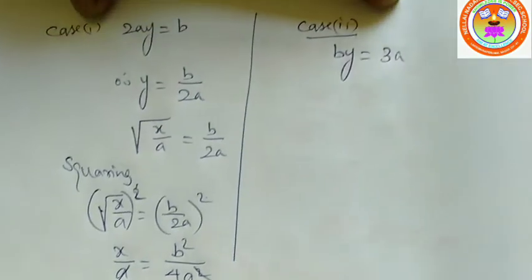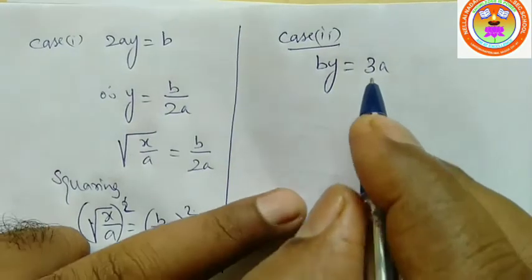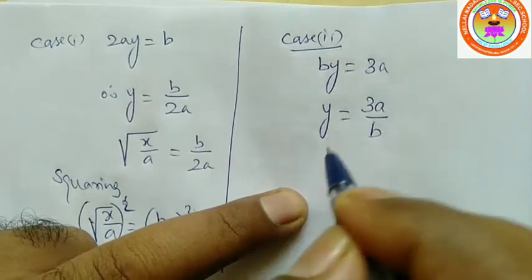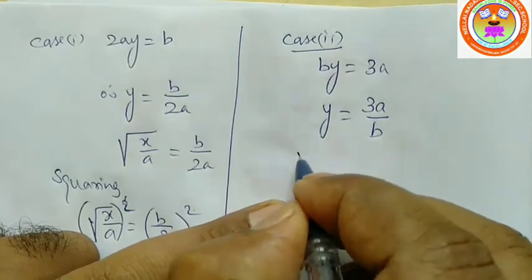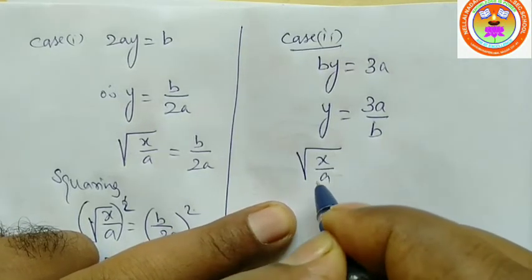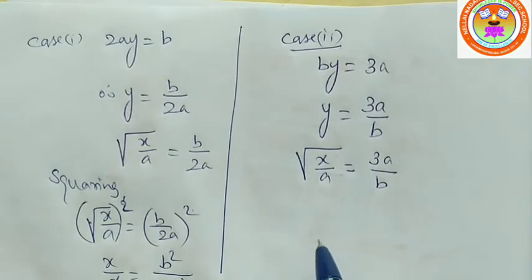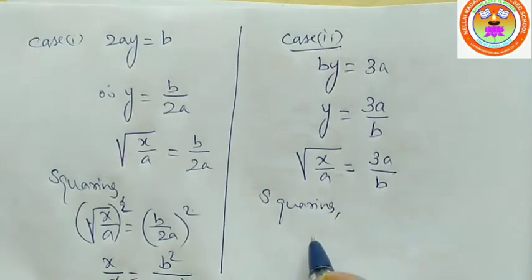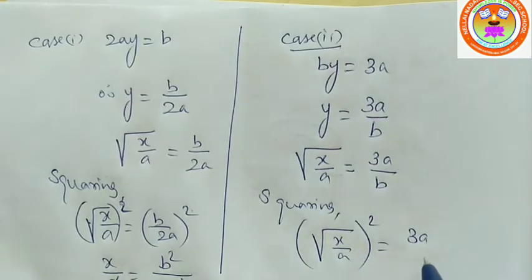Now case 2: by is equal to 3a, so y is equal to 3a by b. Now apply the meaning of y. y means square root of x by a, which is equal to 3a by b. When we square, we get root of x by a the whole square is equal to 3a by b the whole square.